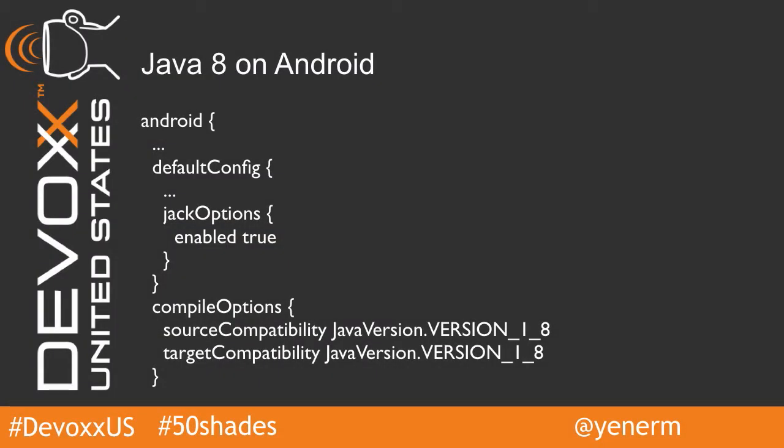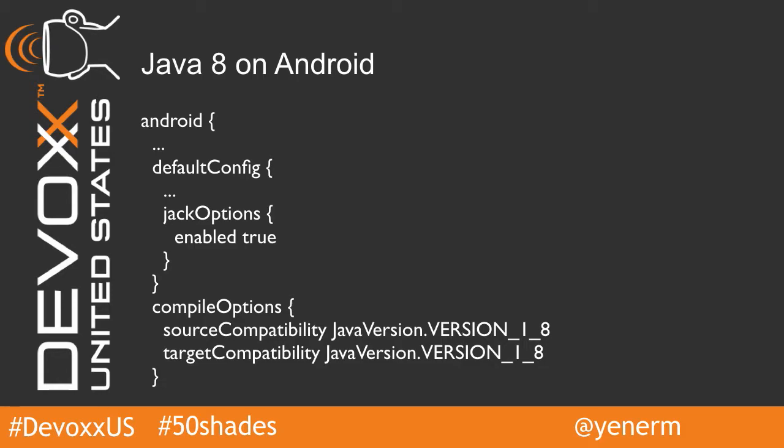So, Java 8 on Android. With Android N, we have the option of using Java 8 through Jack. To enable Java 8, basically you need the following configuration in your Gradle file. I can't say everything works very stably, but it's nice to see and try lambdas and other Java 8 features.